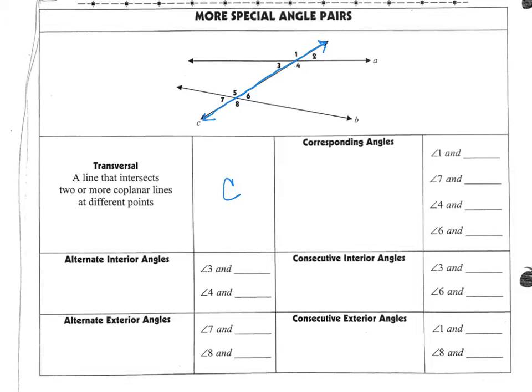And so the first thing we're going to look at is corresponding angles. So there's three things about corresponding angles that we want to note. First, they have to be on the same side of the transversal.